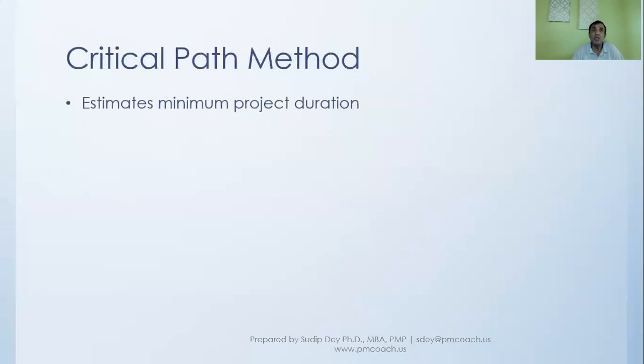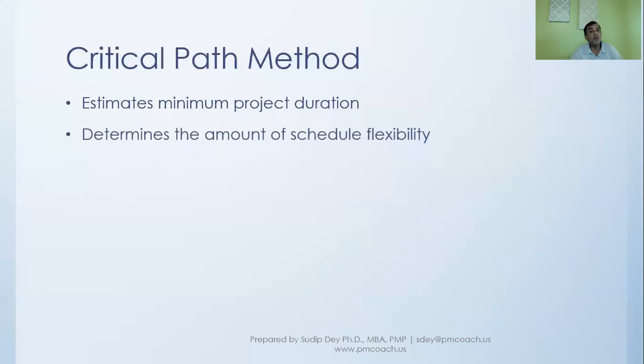In other words, what is the minimum time that this project can take? We cannot do this project in less than that time. This is what we will be determining using the critical path method. There will be some schedule flexibility, and we'll look at that.